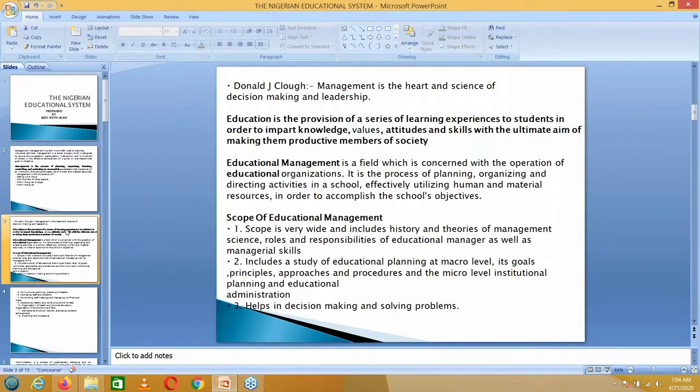But here, educational management looks at how to achieve the objectives of the institution. It looks at the roles, the responsibilities, the managerial skills needed to achieve the objectives of the school, the objectives of the institutions, and all that.